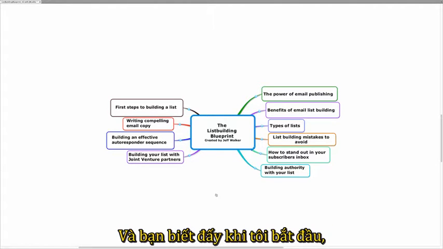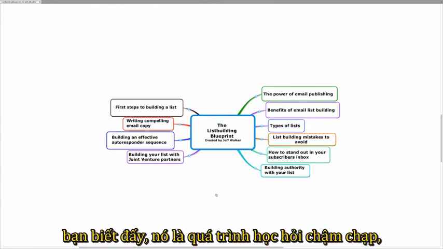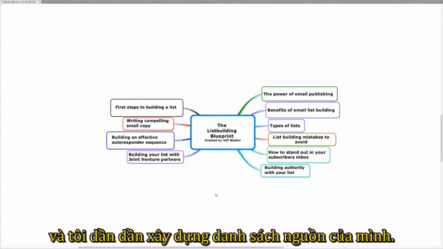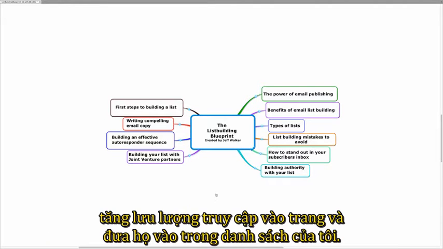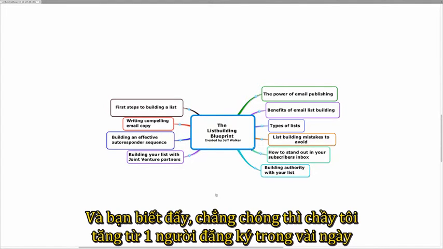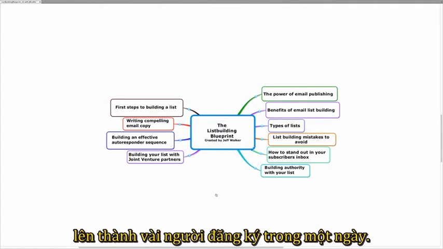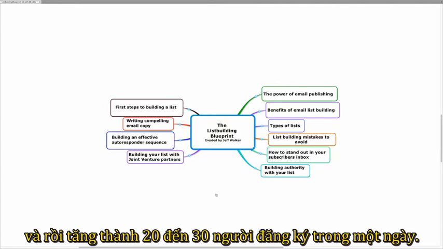When I started out, it was just slow and steady. Then I gradually started to build up my lead sources and bring more traffic into my site and get better at getting them to opt into my list. And sooner or later, I got it up from 1 subscriber every few days to a few subscribers a day, up to 20, 30 subscribers a day.